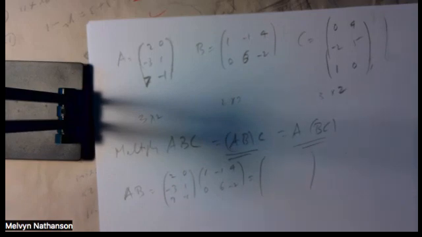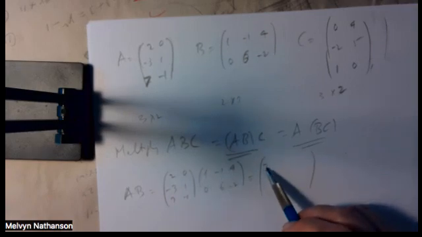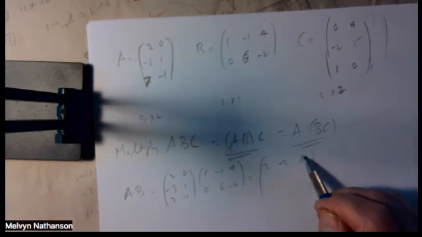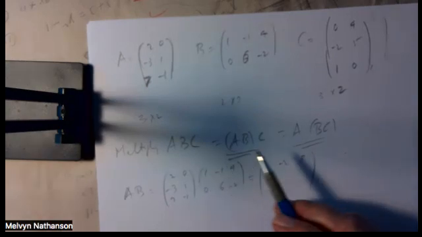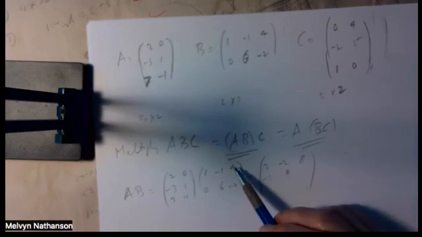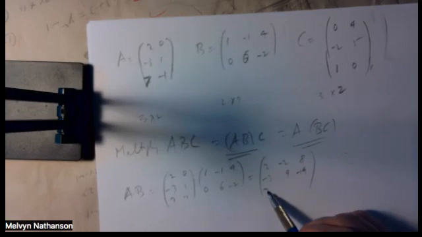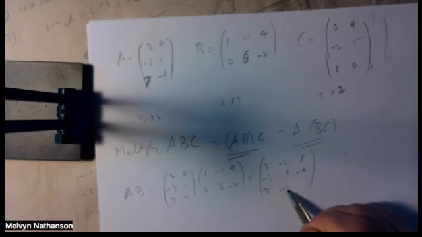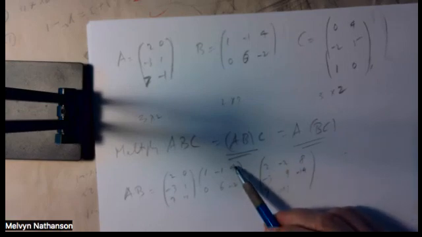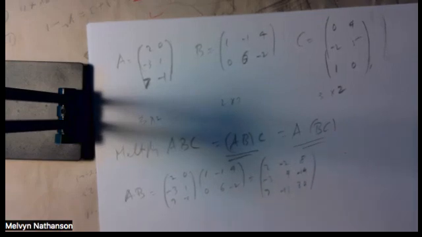I'm going to get a 3 by 3 matrix. So I get 2 minus 2, 8, minus 3, 3 plus 6 is 9. Minus 12 minus 2 is minus 14. 7 minus 13. 28 plus 2, I get 30. I get that, I think.